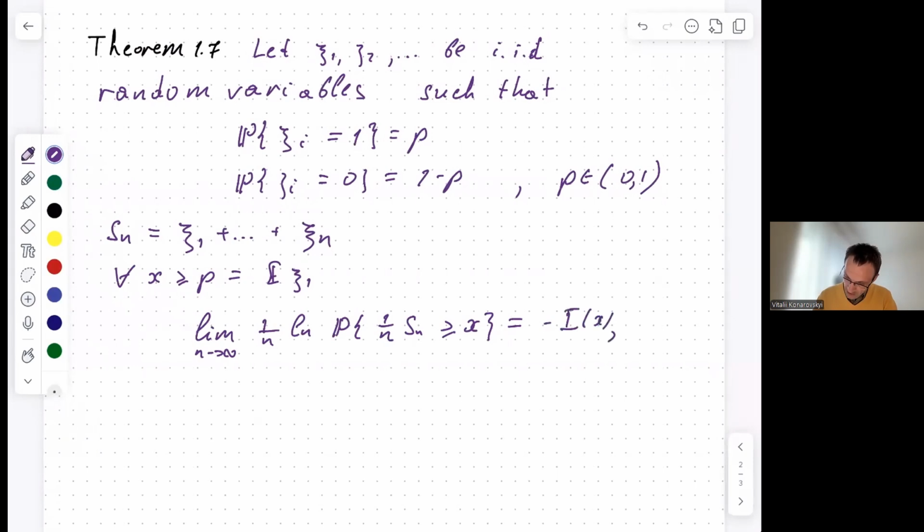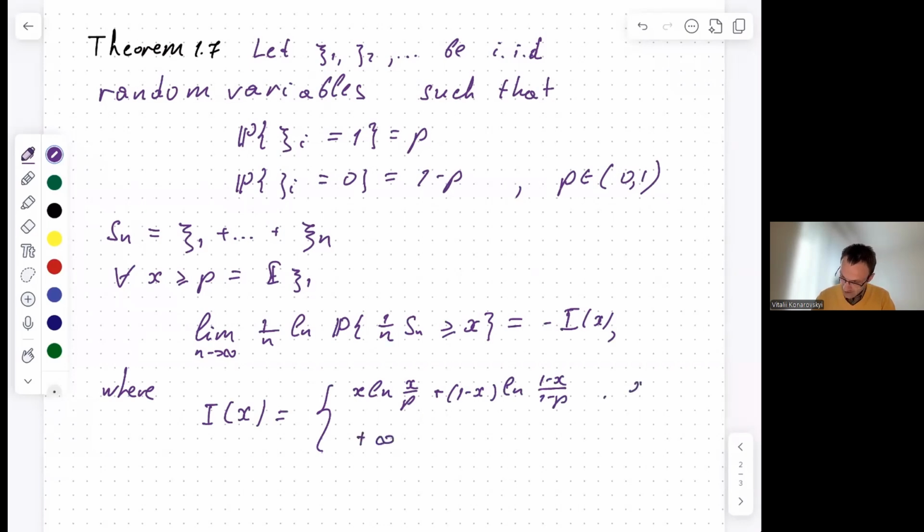Well, this function, we know the form of that function. It is x logarithm x divided by p plus 1 minus x logarithm (1 minus x) divided by (1 minus p) if x is from [0,1], and plus infinity otherwise.